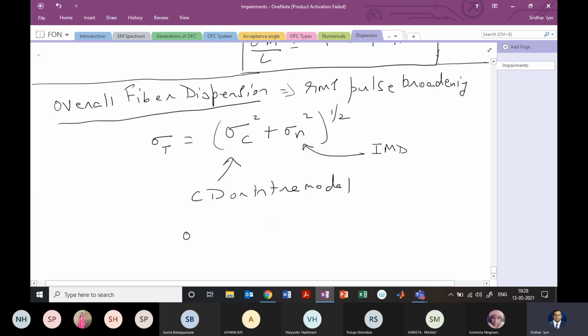Therefore we can write sigma c as sigma w, that is the waveguide dispersion, plus sigma material, that is the material dispersion, right? So sigma square will be that.